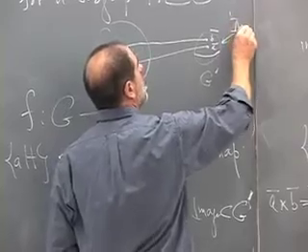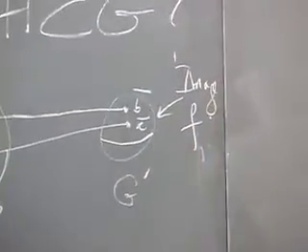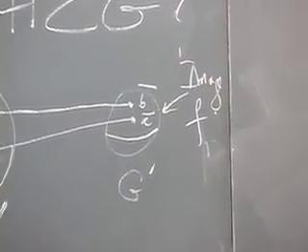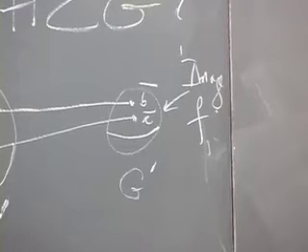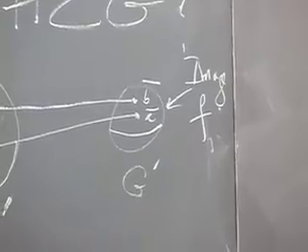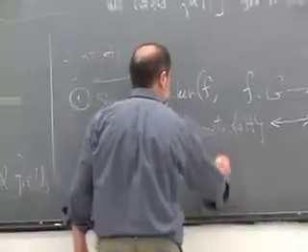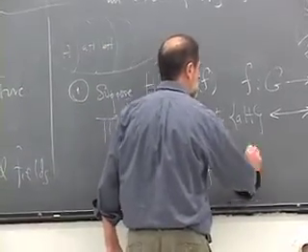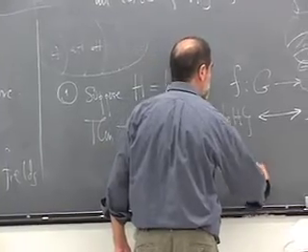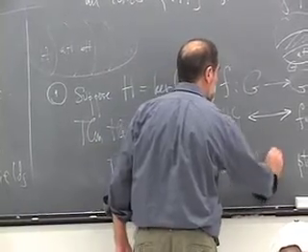The image of F. And the image of a homomorphism is what? Among other things, it's a subgroup. The image of F is a subgroup. It's stable under multiplication in G prime.